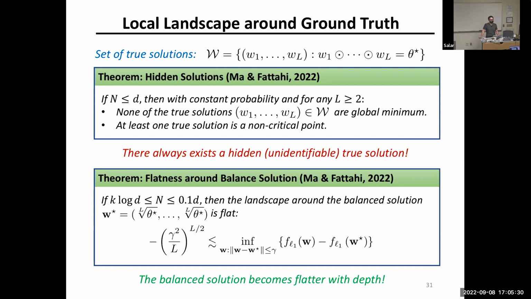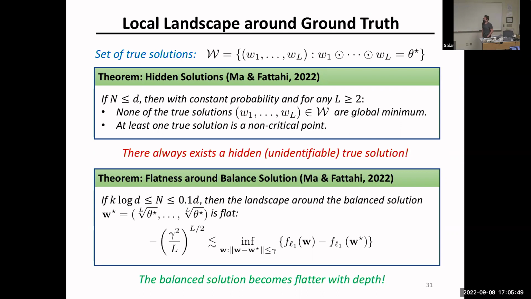Yeah. I think there is another question. Yeah, I was wondering, what's the intuition behind the W's layers inducing the sparsity in the theta star? Yeah, that's a very good question.